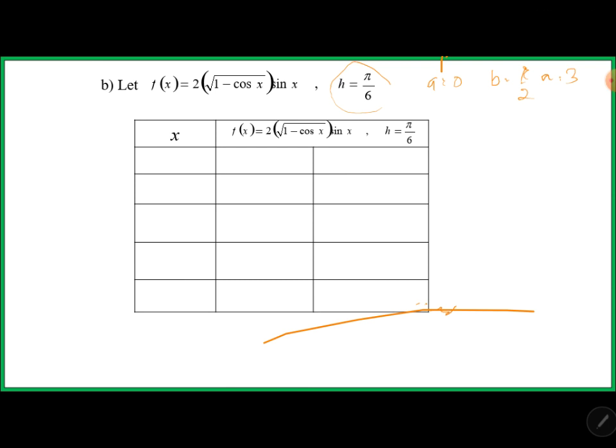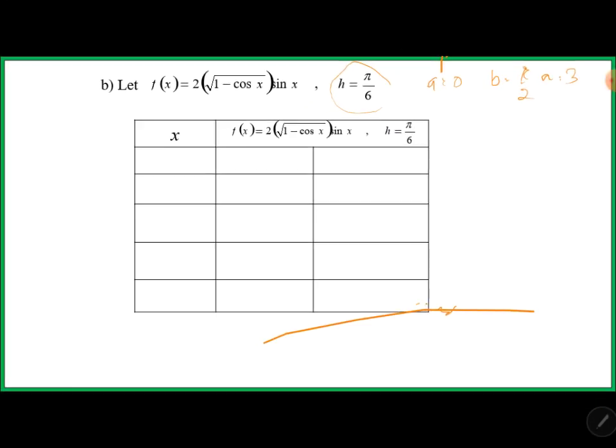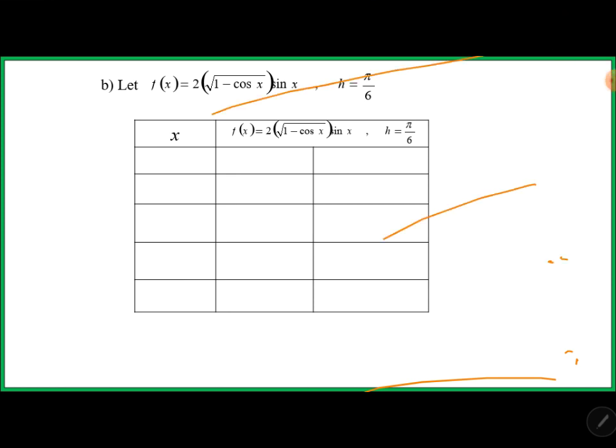The first x should be 0. Okay, x0 is equal to 0. So y0 is equal to, substitute the value, cos 0 is 1. So 1 minus 1 is 0. So 0 multiplied by 0 multiplied by 2 is 0.